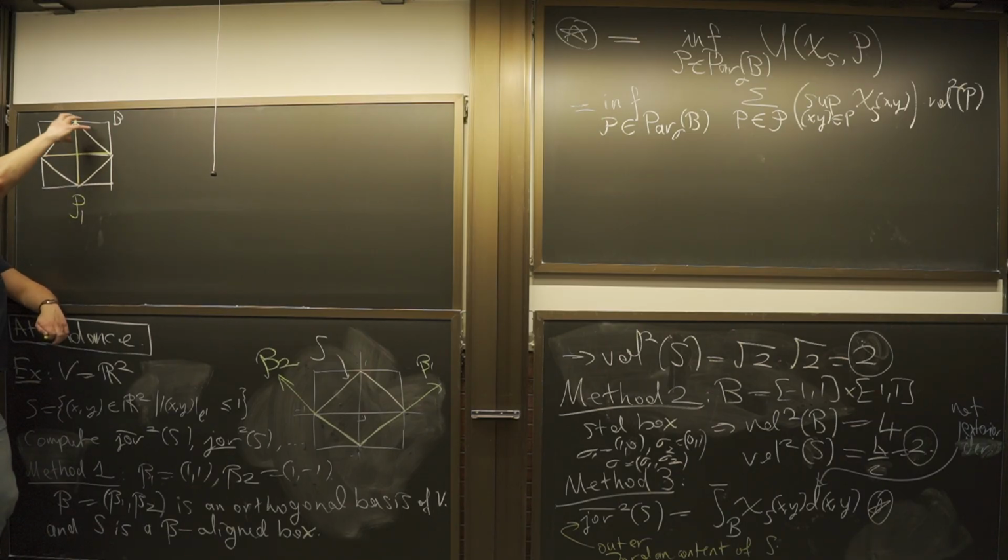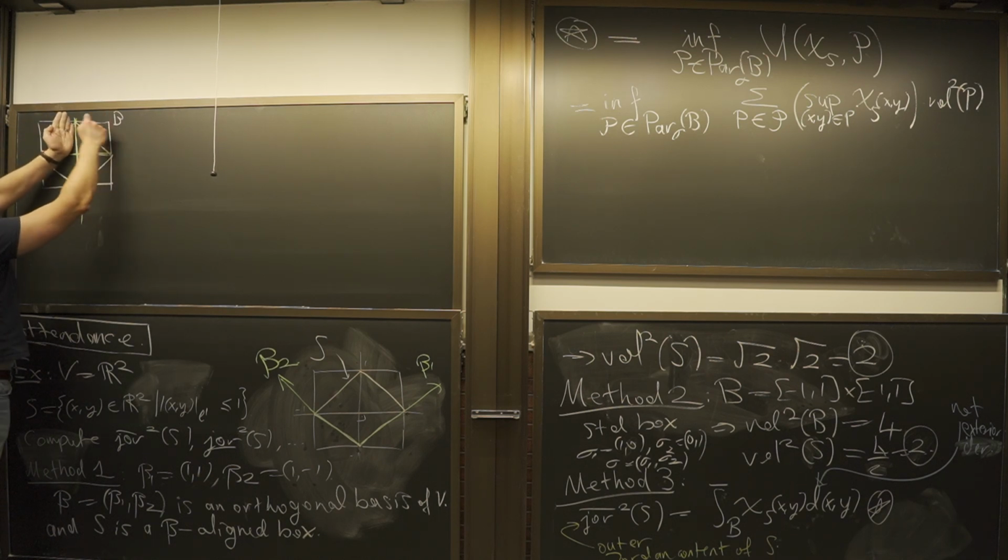So 1, 2, 3, 4. What is the sup of chi sub s on this specific box? 1. Why is that? Because chi sub s is a function whose graph is elevated only over S, which means that over this pixel, it is also elevated too.